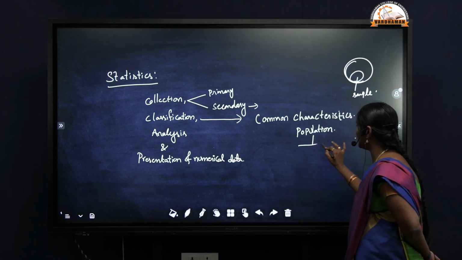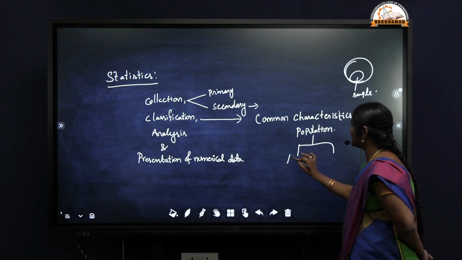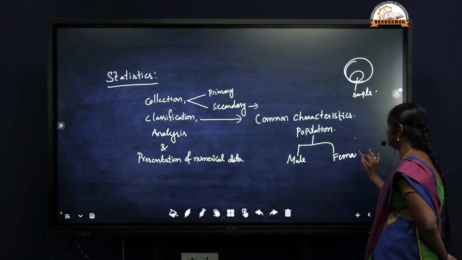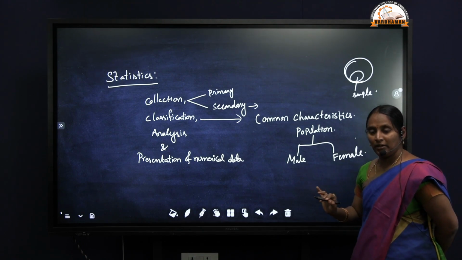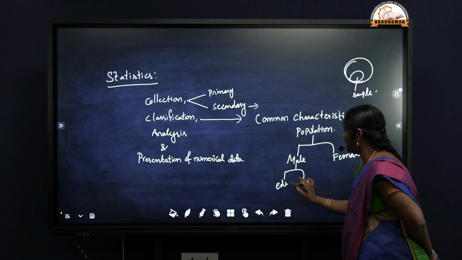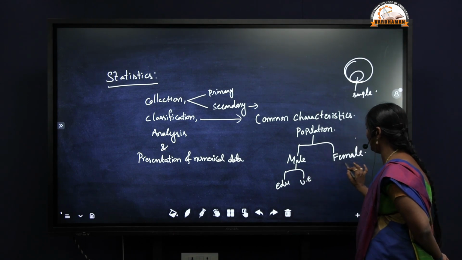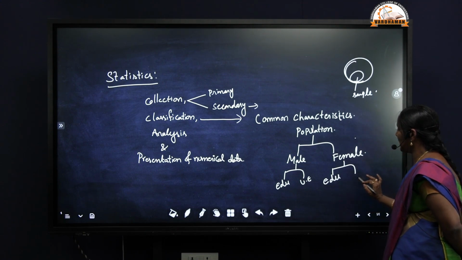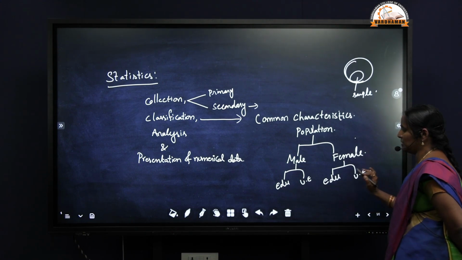Now this population we are going to divide into 2 categories: male population and female population. Let us divide the male population into educated and uneducated. In the same way, the female category is also divided into educated and uneducated.